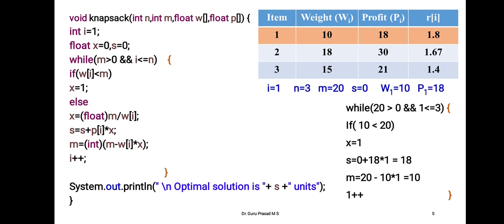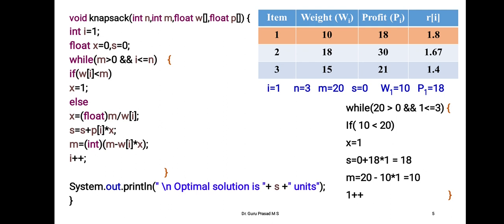Next statement is sum of profit: s equal to s plus p1 into x. S value 0, 0 plus p1 is 18 into x value 1, 0 plus 18, 18. And we are adding item 1 into the bag, so m value reduces: m equal to m minus w1 into x. m equal to 20 minus 10 into 1, m equals 10.